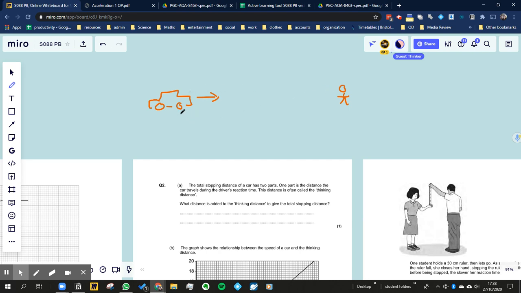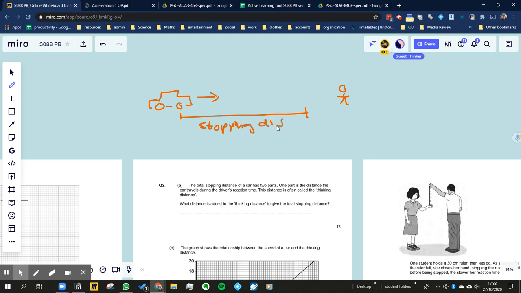Now, he's not going to come to a stop instantaneously. He's going to travel a certain distance before he finally comes to a stop, hopefully in time to miss hitting the person. So this entire distance we can call the stopping distance.